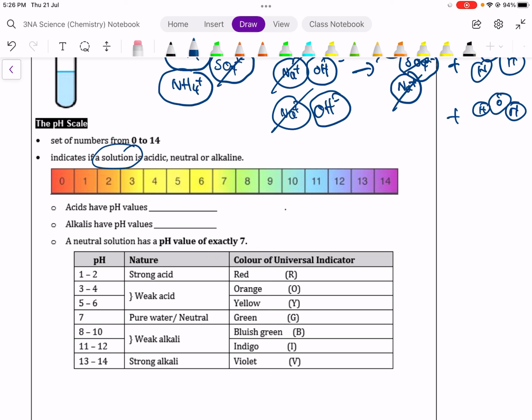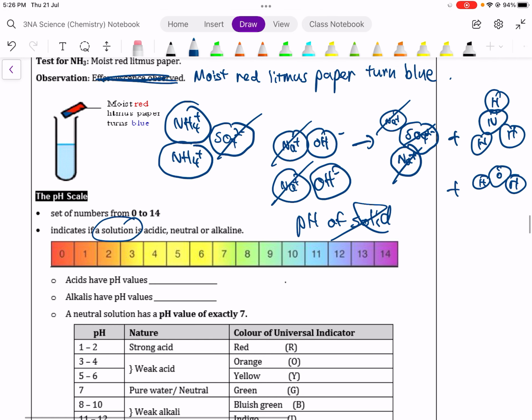You cannot say pH of a solid, there's no such thing as pH of a solid, because a solid has no ions. Basically pH is a measure of the concentration of your H+ ions.